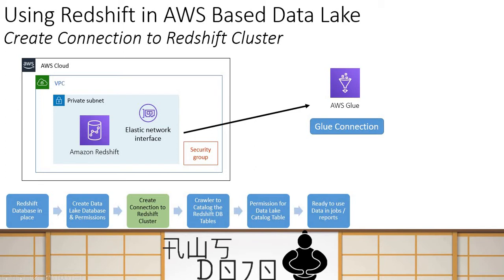Now, once you create this Glue connection, it can be used in many ways. It's really a multi-purpose connection. You can use it with your crawler, because the crawler needs to talk to the Redshift cluster to catalog the data. Of course, the crawler needs to use this connection. You need to use it with the Glue job, because the Glue job needs to talk to the Redshift cluster to either read data or write data back to it. So again, it uses the connection.